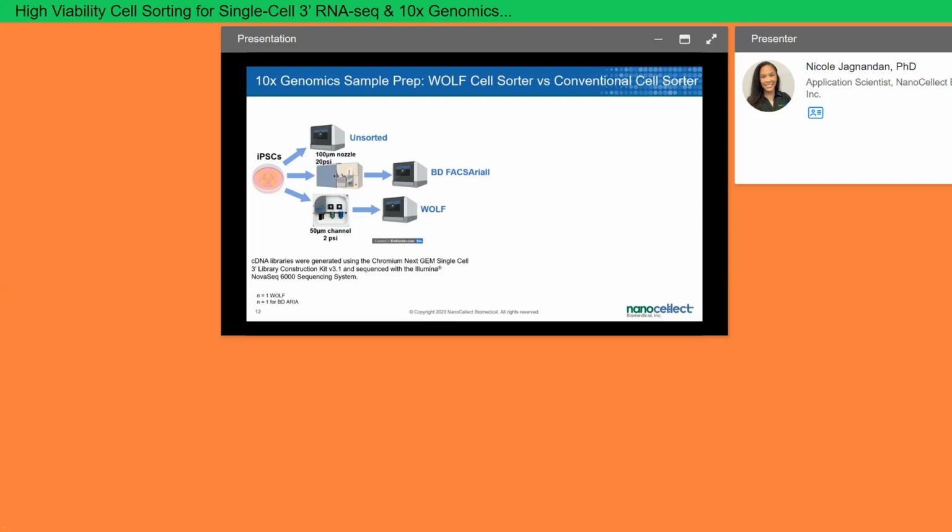The Aria sorted sample was sorted by the flow core at Sanford Burnham Prebys using the 100 micron nozzle and at 20 psi, compared to the 50 micron channel in the WIF cartridge at 2 psi. 50,000 live stem cells were sorted on both machines, and then around 10,000 cells were loaded into the Chromium controller for library prep and sequencing.